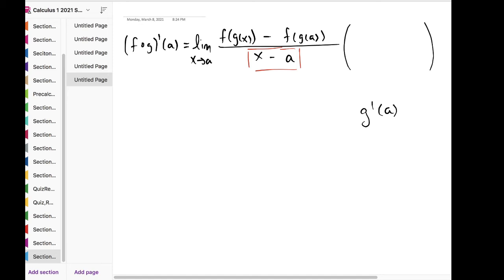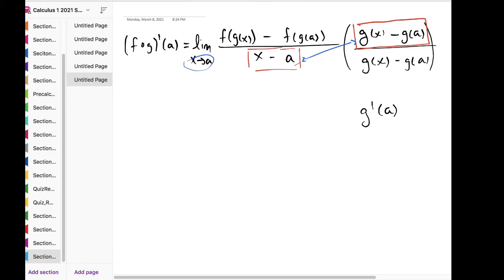Almost, not just g of x. If it's just g of x, that's not the derivative. So what would give me g prime? Good, yeah. It would be g of x minus g of a over x minus a. This gives you the derivative, because this limit is going to a.